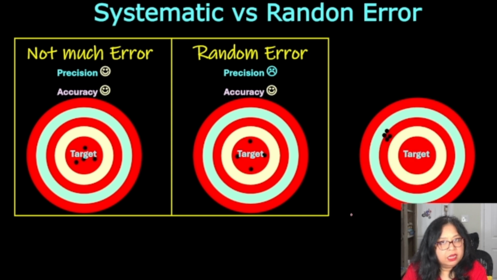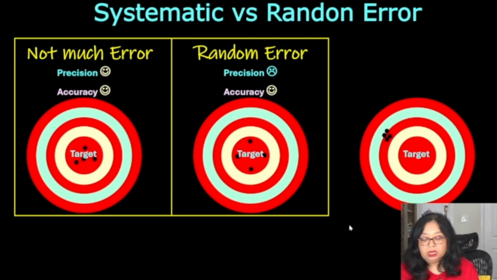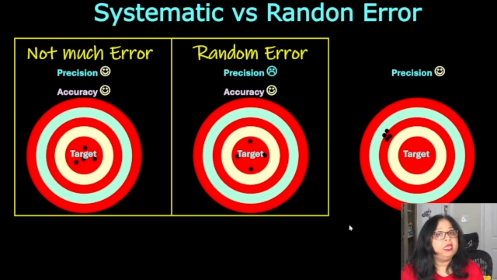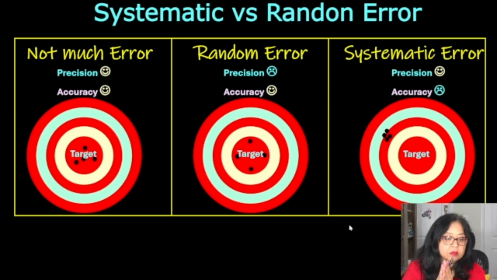While in this third case, where all of these four darts are together, these darts have now systematically moved away from the target. There is a pattern in which these dots have moved away from the target. So in this case, there's an offset. There's a consistent, constant offset between each of these dots and the target, and therefore we have a systematic error here. Precision is good, accuracy is bad.